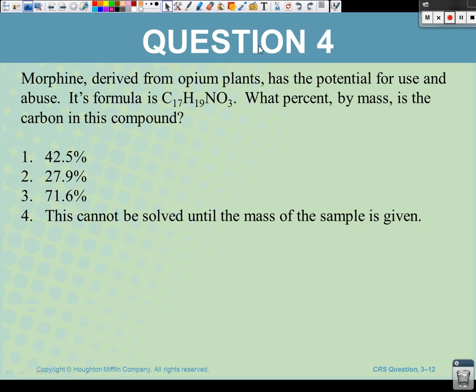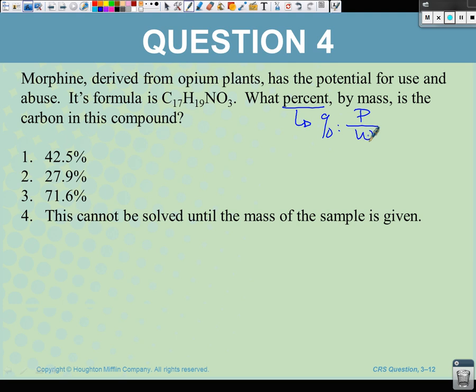Now, I need to make an emphatic point here. When you say percent, what is a percent? Part over whole. What are we trying to solve for? We're trying to find which part? Carbon. So we're trying to find the percent of the mass of carbon versus the mass of morphine, right?